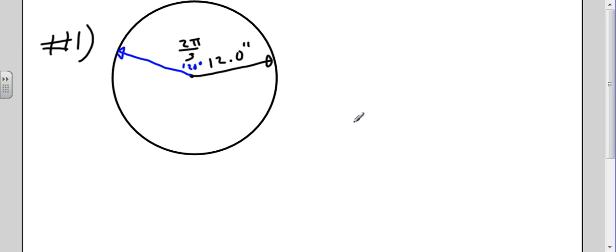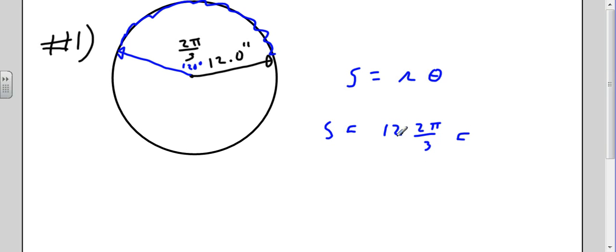We'd sort of like the picture to be right. It would have been a good idea to put the radius on the x-axis, but we didn't do that. Okay, so the length of the arc is, did we forget the formula already? R theta. So 12 times 2 pi over 3. 3 goes into 12 4 times, 4 times 2 is 8. 8 pi inches.